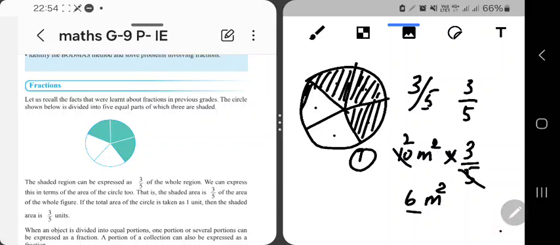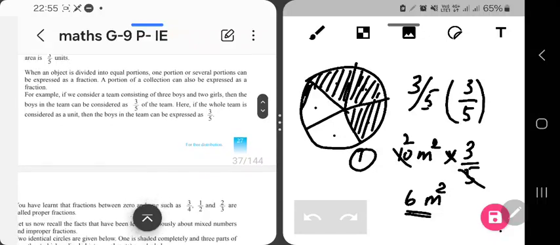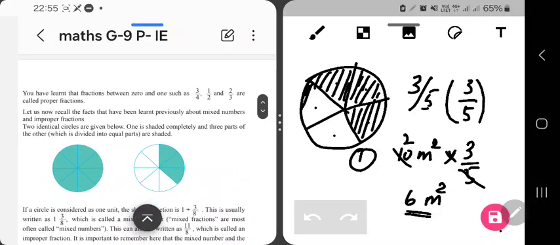That's how the 6 came in, because the fraction shaded is 3 over 5, and 10 times 3 over 5 is 6. So these are the ways we use fractions to calculate various details. Let's move on to further sections.